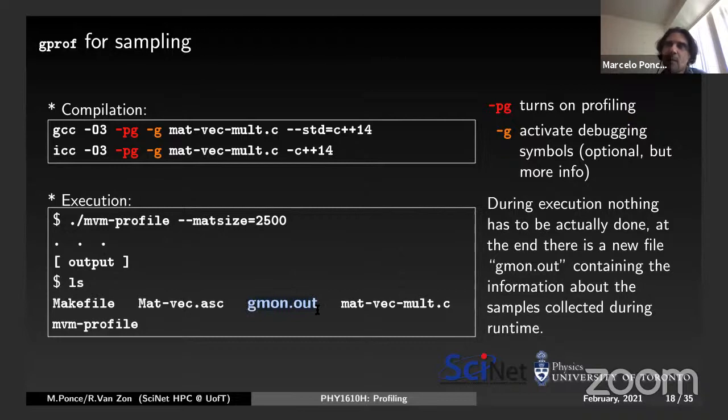Basically, that will contain all the information: what time, which line, which function from the function stack was being called at that given moment in time. Again, it's a sampling technique. It just goes and checks what instruction, what line of the code was being executed. It's nothing too obscure at all.